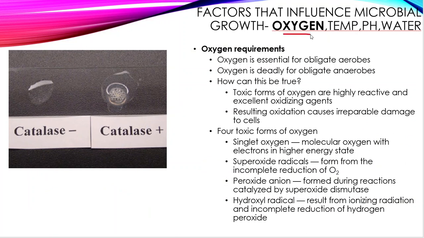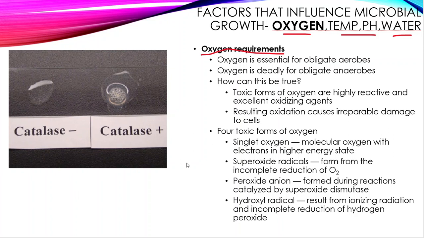Other factors: oxygen, temperature, pH, and water. We've kind of talked about temperature and pH, but let's talk about the oxygen. Oxygen is variable. Oxygen is extraordinarily toxic. But we, for instance, have a lot of enzymes that detoxify oxygen.